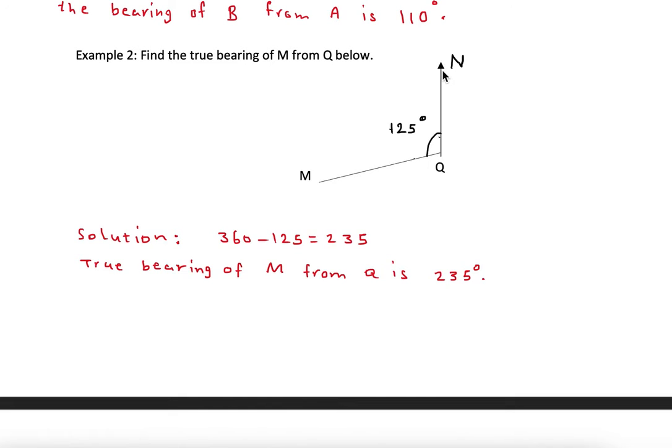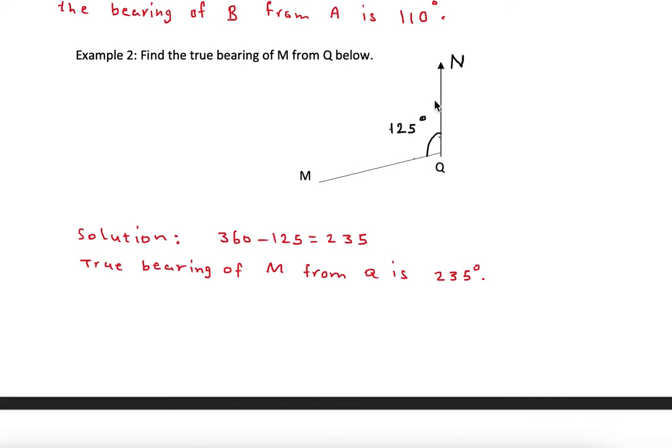Now, if you remember, we said that this north line needs to turn in a clockwise direction to fall on QM. So you're turning it around Q and it falls on QM. How many degrees should that be? We have been given this angle, but we need this angle.